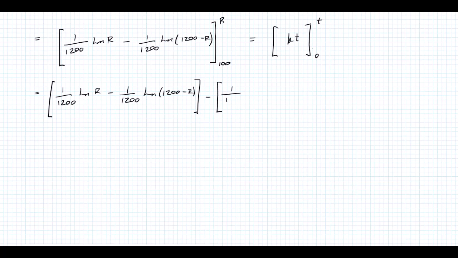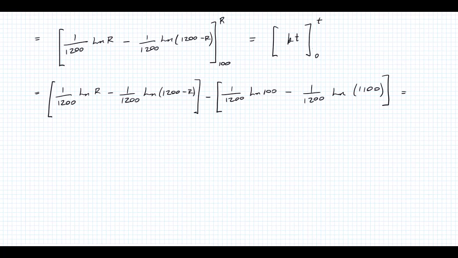So it's 1 over 1200 log 100 minus 1 over 1200 log 1200 minus 100. Maybe I'll just put that in as 1100 here. And that's equal to k times t.